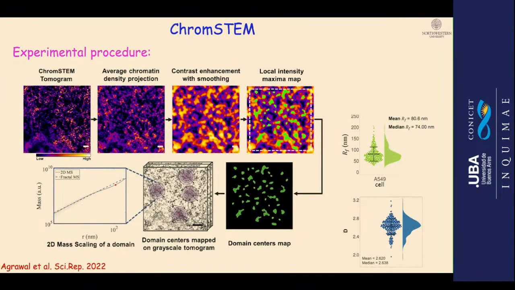ChromSTEM experimental procedure. Here we show how the output from ChromSTEM experiments is treated in order to find how chromatin organizes and identifies packing domains. Starting from a stack of images, domain centers are determined and a 2D mass integral is calculated.